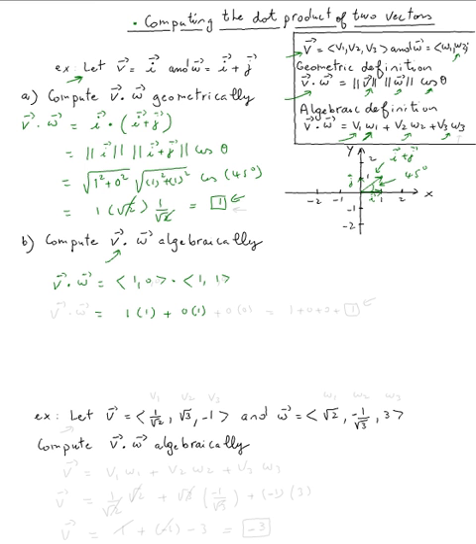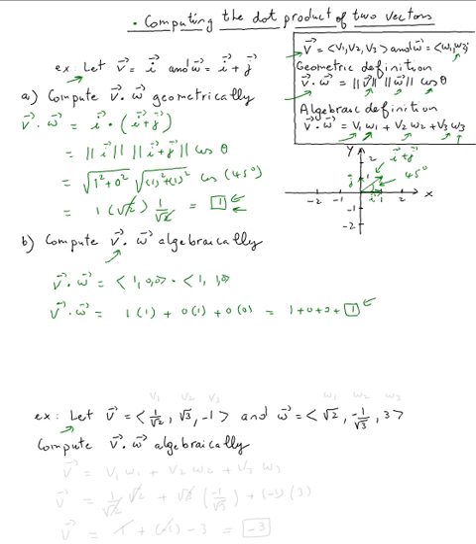Think of the z component as a 0. You can even add the third component, so it's going to be 0 times 0. So v dot w will be equal to 1 plus 0, which is 1. So we got the same answer. This answer and this answer are the same.